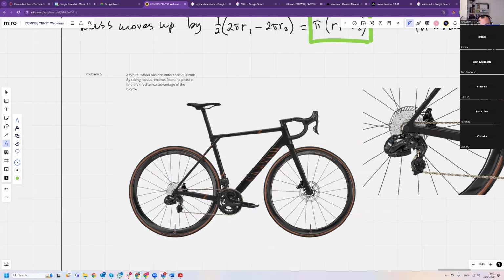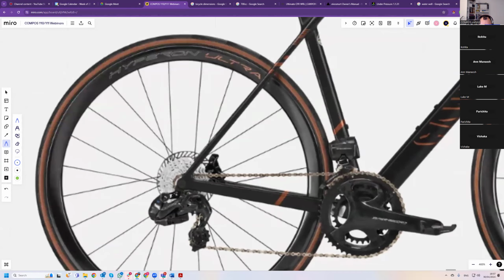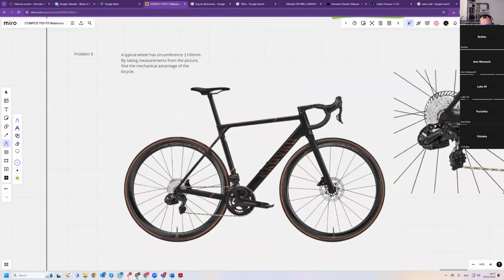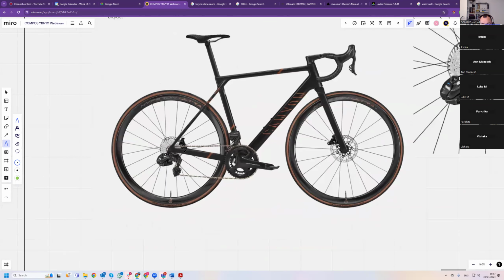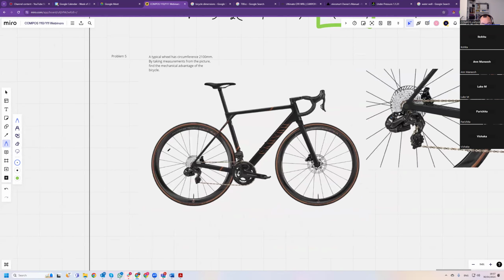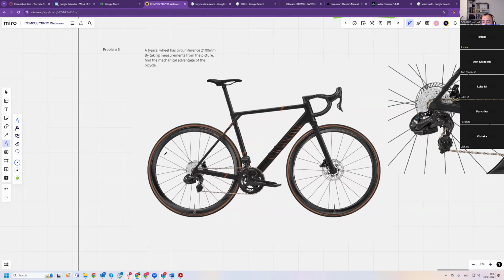So what can we do here? Well, we need to answer two questions: how far you move and how far the system moves. If the wheel has a circumference of 2100 millimeters, we can work out the radius.